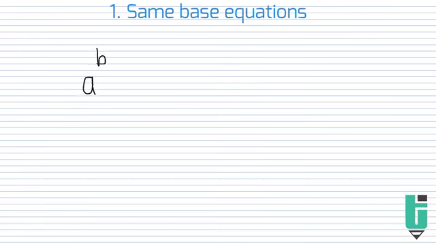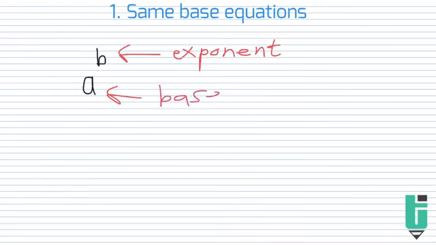We know that b is the exponent, and a is what we refer to as the base. So if I'm talking about things that have the same base, we're referring to this a over here. Whatever value of a they have, it will be the same.